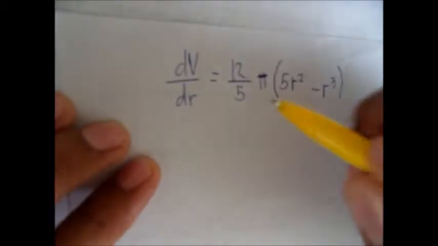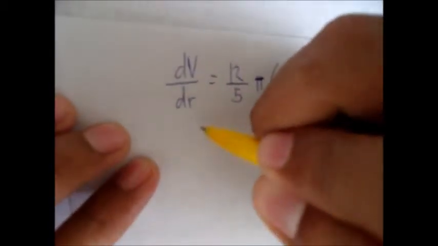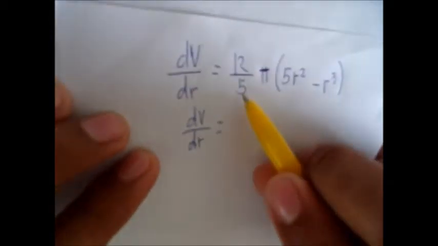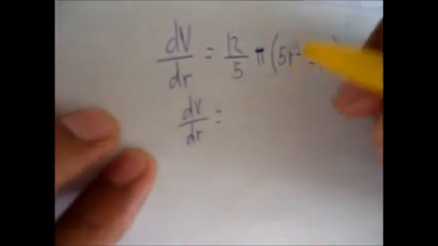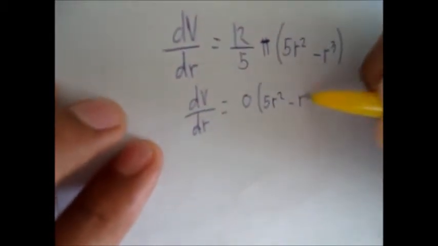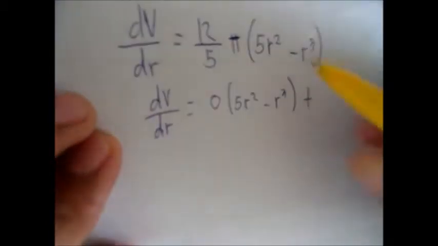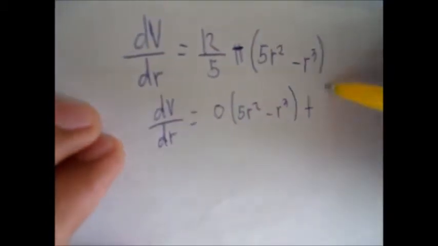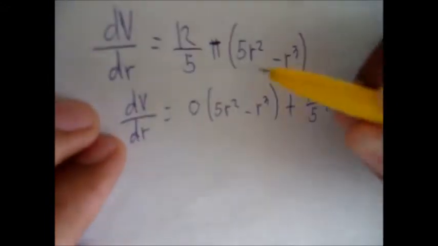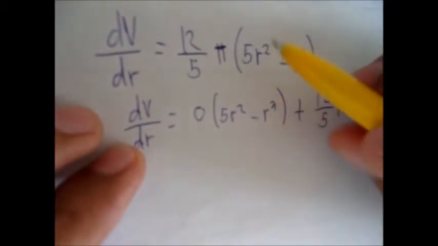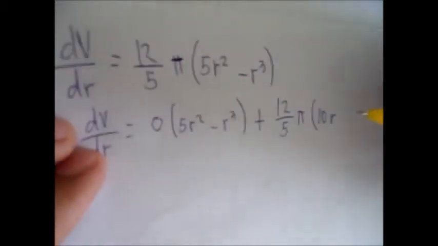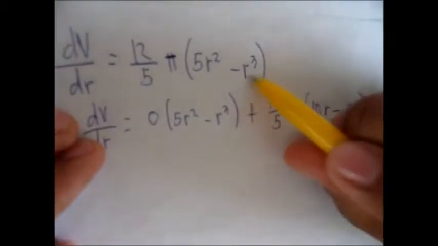So with this we need to have dV dr. The derivative of the constant is 0, times 5r squared minus r cubed, plus 12 over 5 pi, just copy it, times the derivative of this. By the power rule, the derivative of 5r squared is 2 times 5, which is 10r, minus 3r squared for the cubed term.